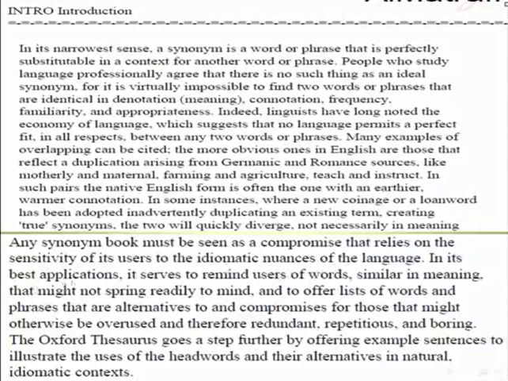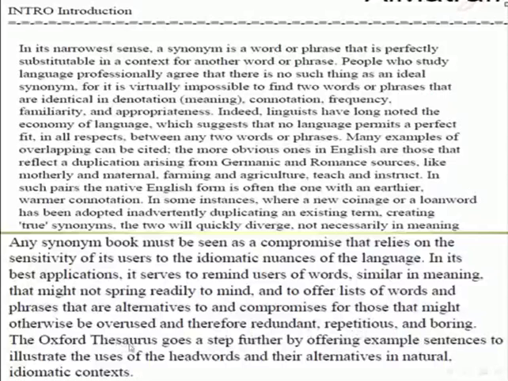In its best applications, it serves to remind users of words similar in meaning that might not spring readily to mind, and to offer lists of words and phrases that are alternatives to and compromises for those that might otherwise be overused and therefore redundant, repetitious, and boring.